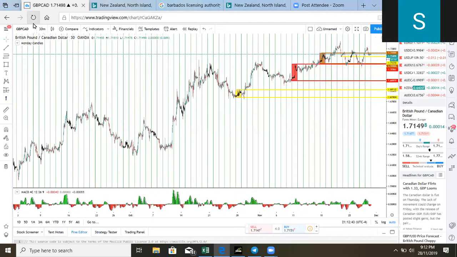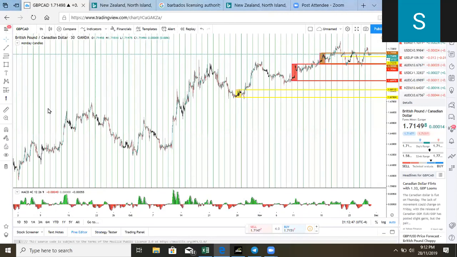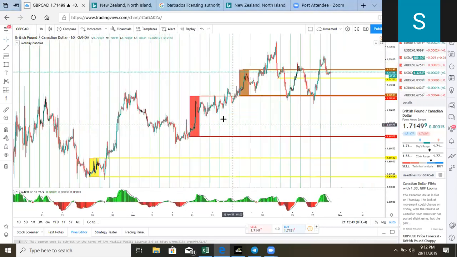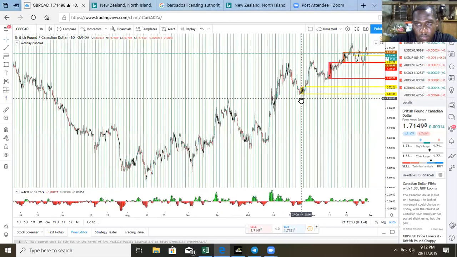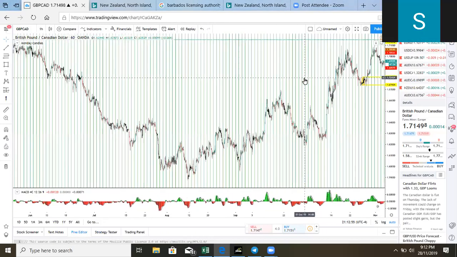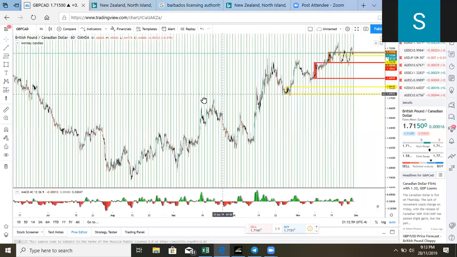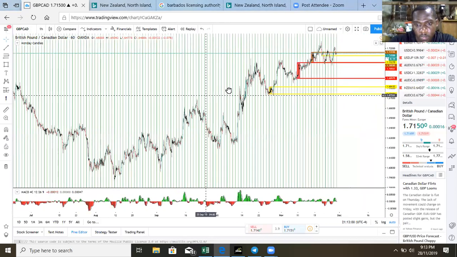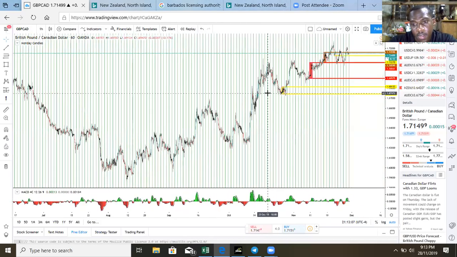Overall on the M30, we thought this market was just up. A rising wedge overall, up. Yeah, it's a rising wedge, kind of, just taking long to drop.